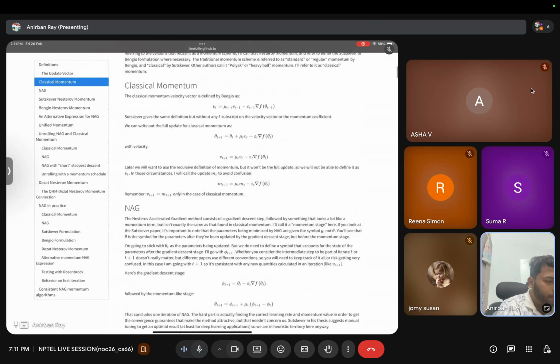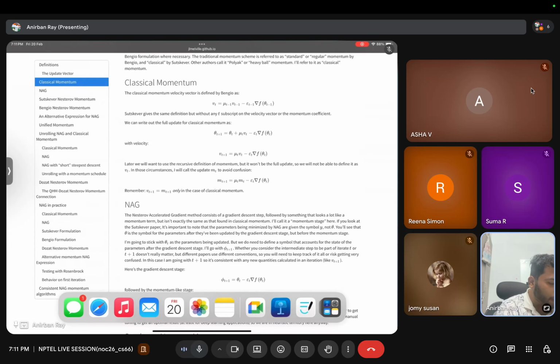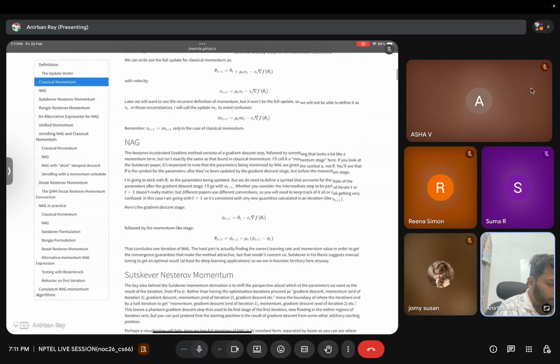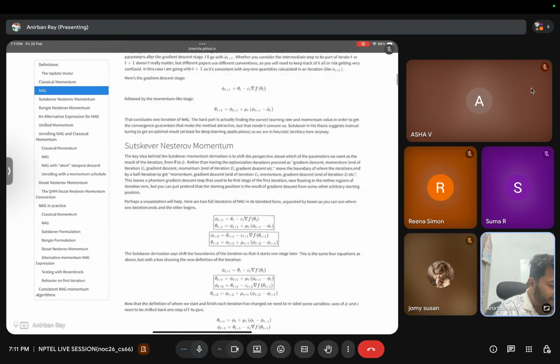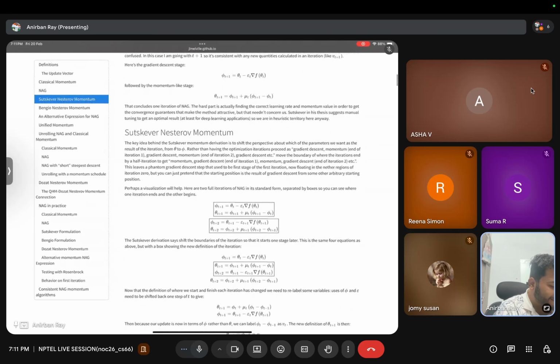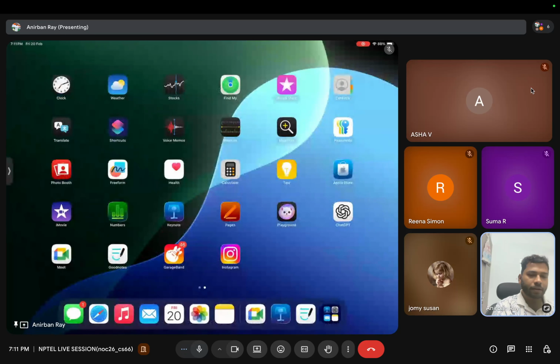So let's see the classical momentum first of all. Here what we are doing is first calculating the update and then updating the parameter. But in Nesterov, there are various definitions, so it is difficult to explain like this.